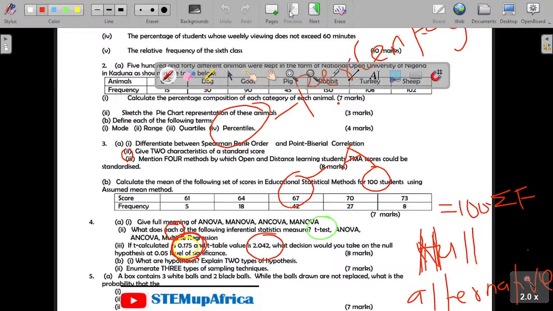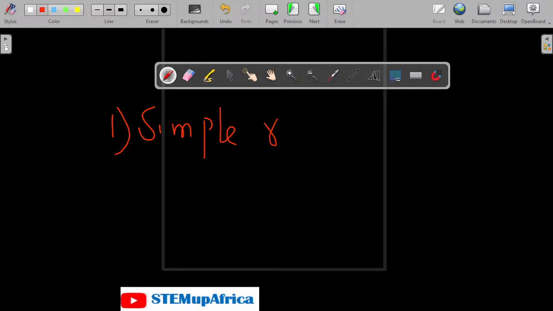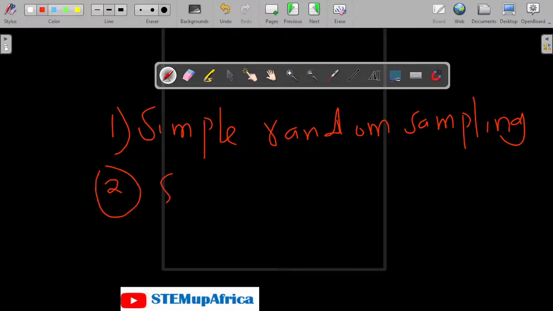So types of sampling: number 1, we have simple random sampling. Number 2, we have stratified sampling.